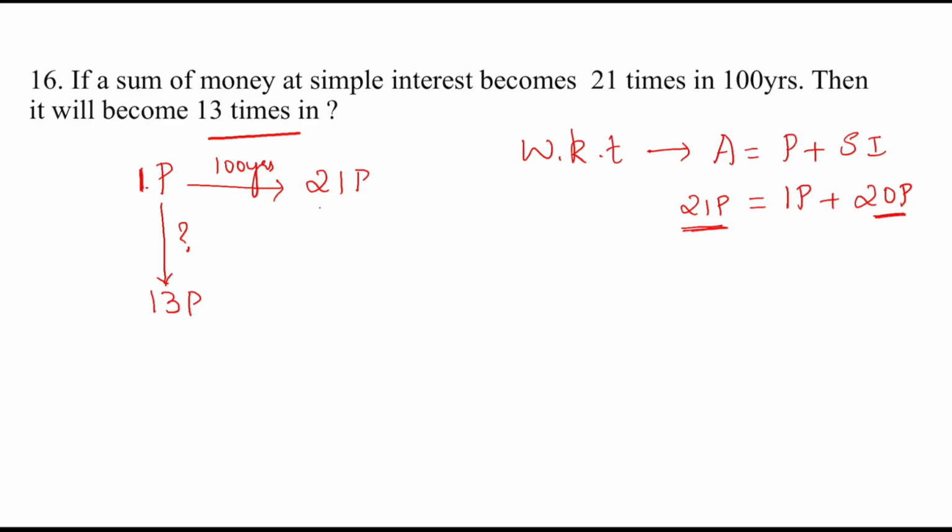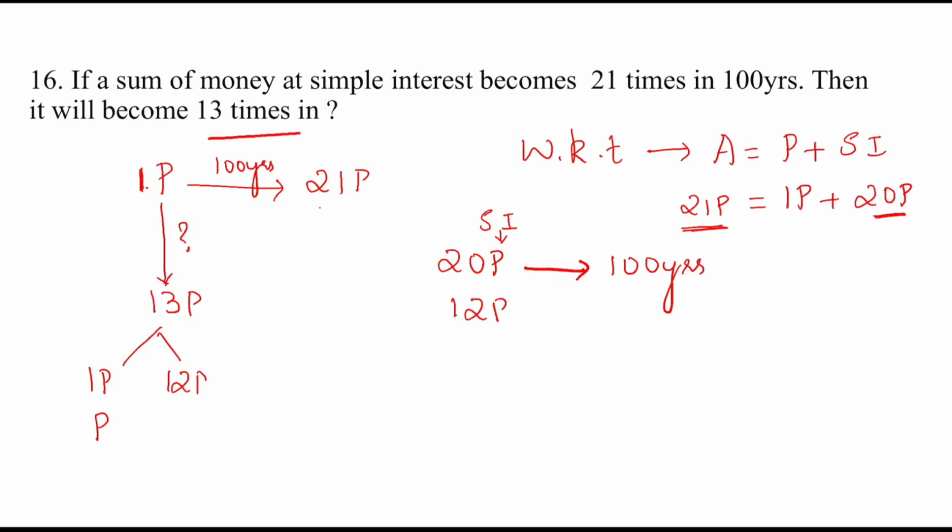That means 20p, or 20 times p, is becoming in 100 years. Means this SI is becoming 20p in 100 years. Then it will become 12p, not 13p, because in 13p it is 1p as principal and 12p as SI, and then it becomes the total amount.